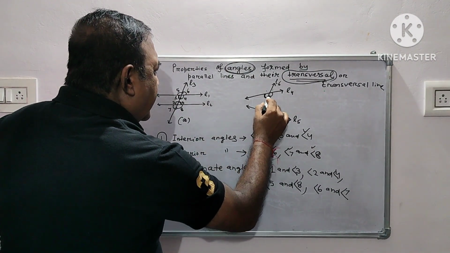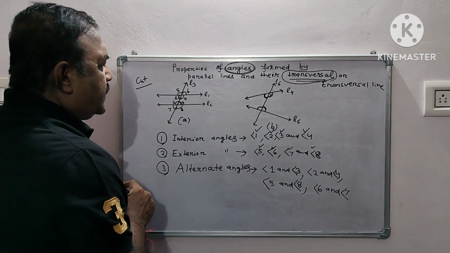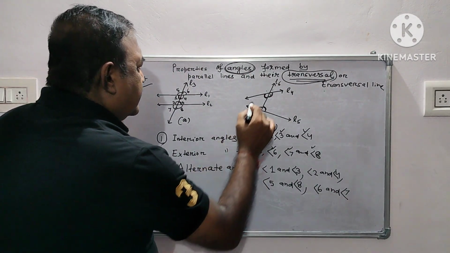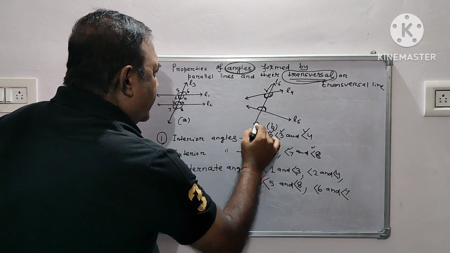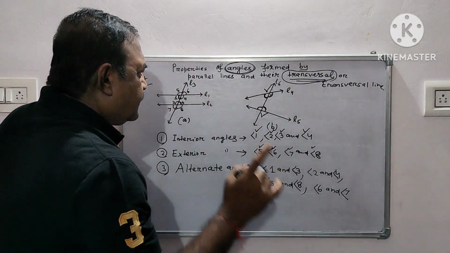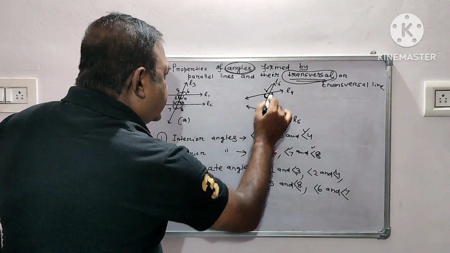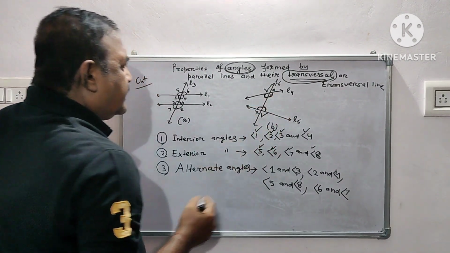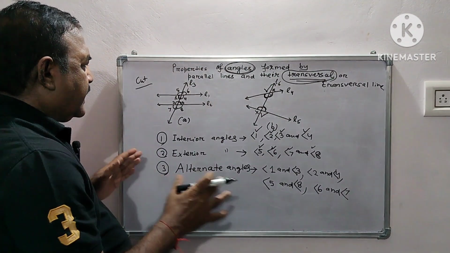This angle and this angle, second pair. This angle, I give a tick mark, and this angle, that is the third pair. And I give a cross mark here, this angle and this angle. This is the fourth pair of alternate angles. These are the cases.